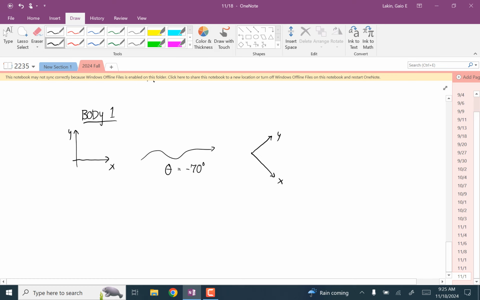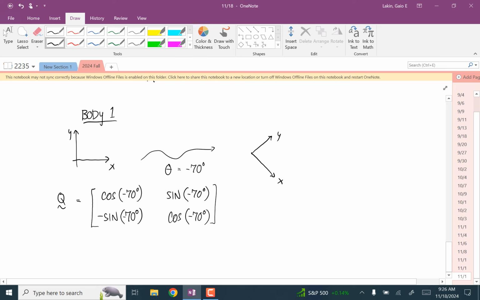And so our rotation matrix is going to be cosine of -70, sine of -70, negative sine of -70, cosine of -70. Isn't that backwards though?